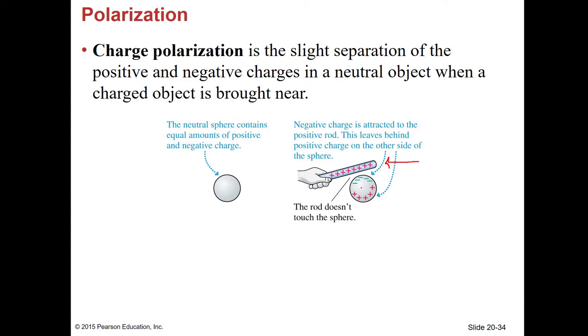Negative charges in the sphere want to be here by positive charges. They're attracted. That leaves positive charges over here. The negative charges have moved away and distributed themselves in this way. Okay, so this is still neutral. It's just we've got negative and positive, and they're spread out.